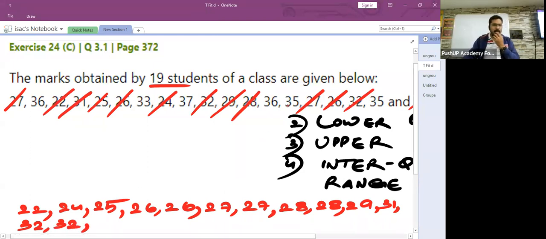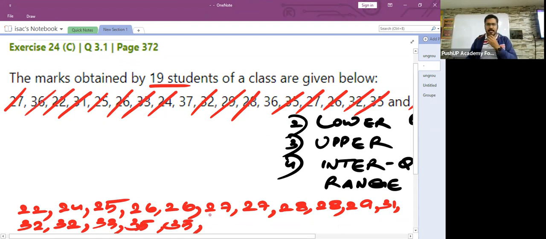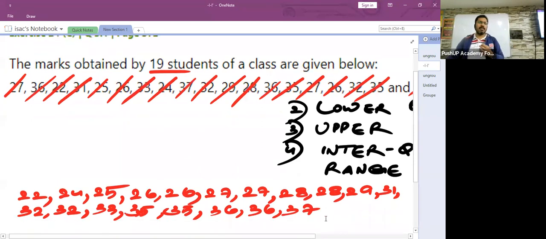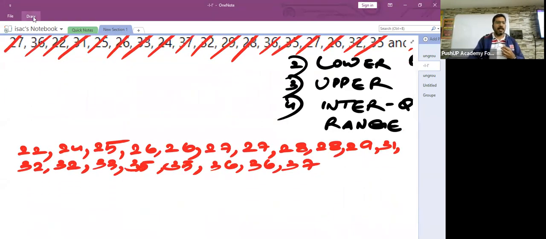Then 33 is there. Then comes 35. 35 is coming twice. So 35, comma 35. Then comes 36, and then 37. 36 is coming twice. And then 37. I think it is over. All the 19 marks are highlighted here.